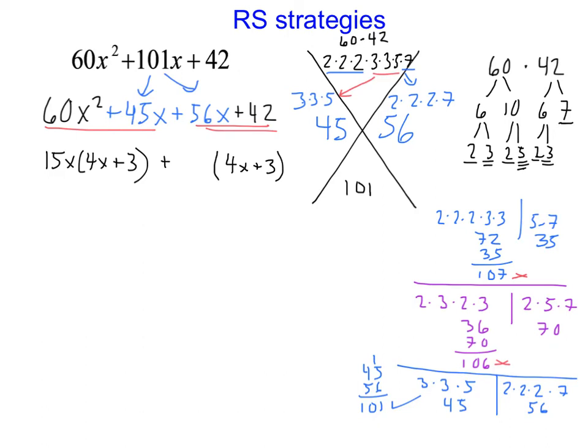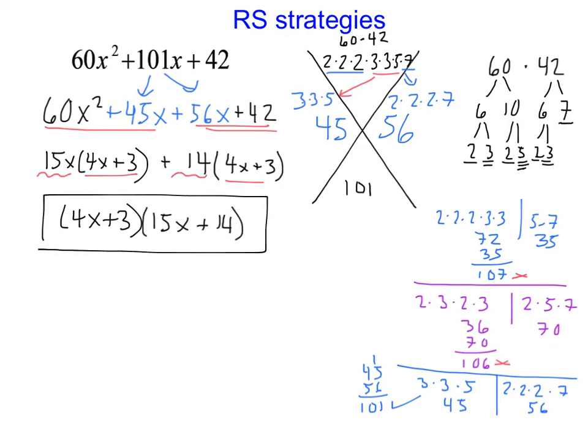And 56 divided by 4, well, 60 divided by 4 would be 15, so I think a 14 is going to come out of it. 56 is 4 less than 60. 14 times 3, that does happen to be 42. Both of them got 4x plus 3, and then you look at the bones, and that's our factorization.